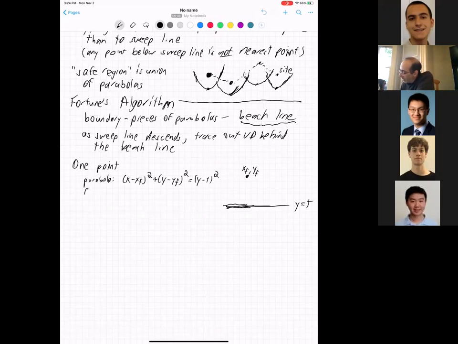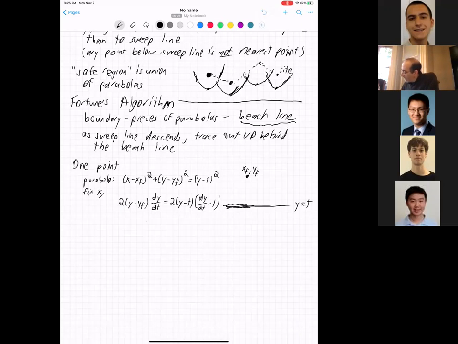Now suppose that I fix x and I want to find dy dt. So I'm going to differentiate both sides. Since x is fixed, the first term vanishes. And what I get is that 2 times (y minus yf) dy dt is equal to 2 times (y minus t) times (dy dt minus 1), differentiating by t.